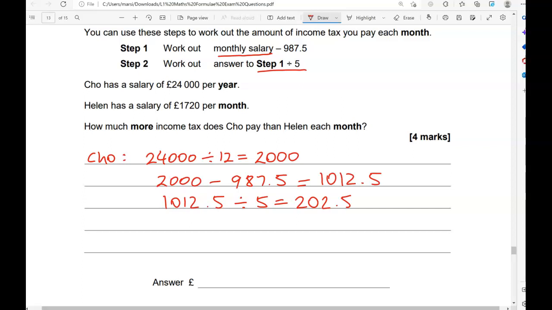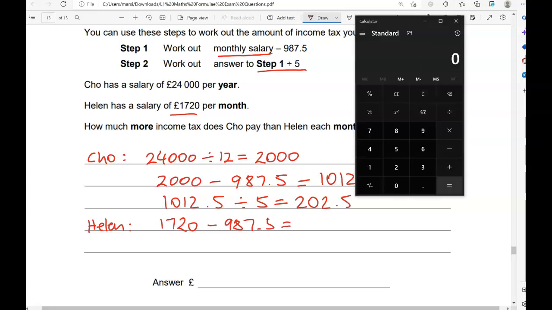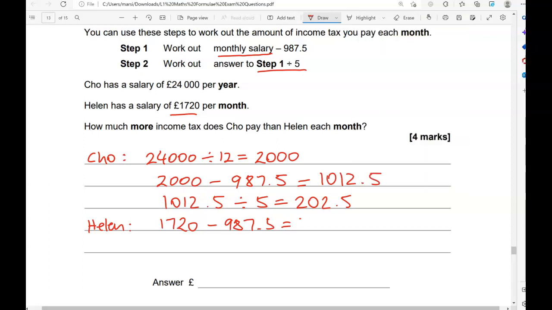Now let's work it out for Helen. We've got the monthly salary, so we can just go 1,720 minus 987.5 gives us 732.5.